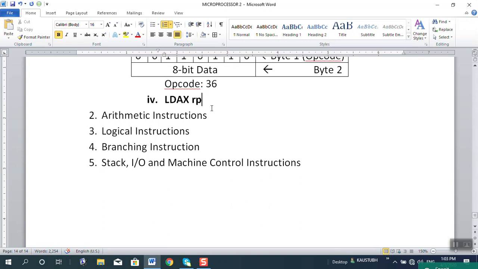In this instruction, LDAX means load accumulator, where from it will load from the memory location whose address is in the specified register pair RP.